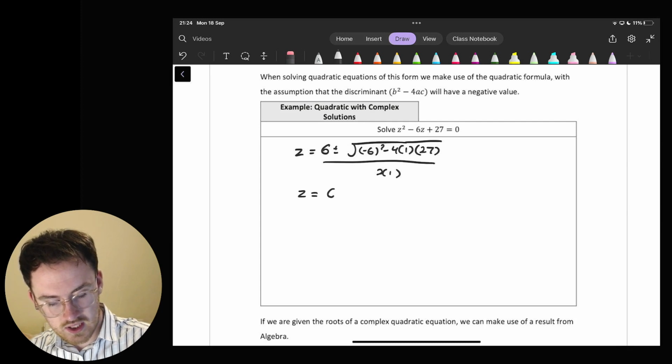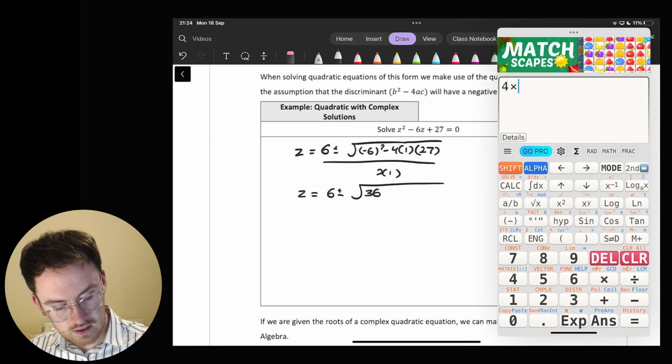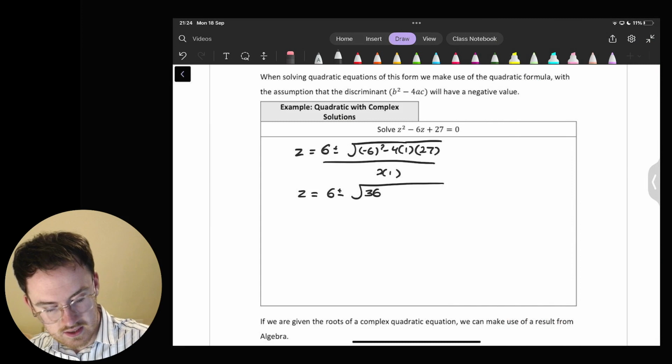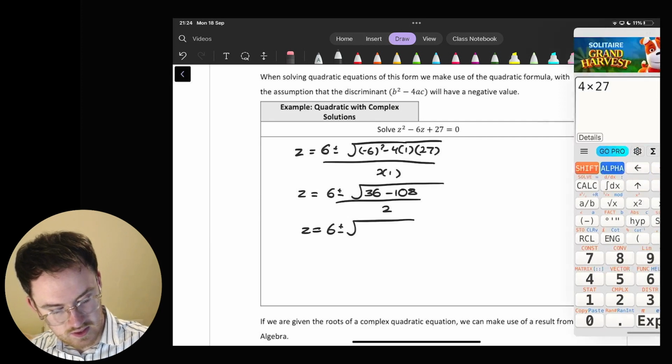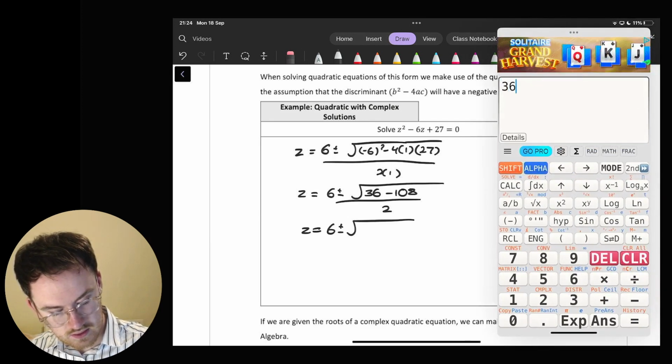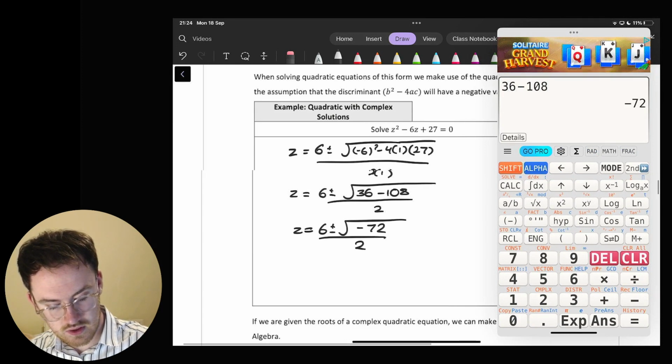And again, we're just simplifying everything down. So 36, 4 by 27 gives me 108, all over 2. So 6 plus or minus, let's see, 36 minus 108 is minus 72, over 2.